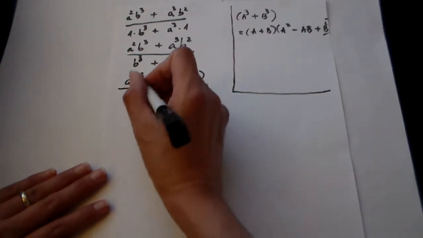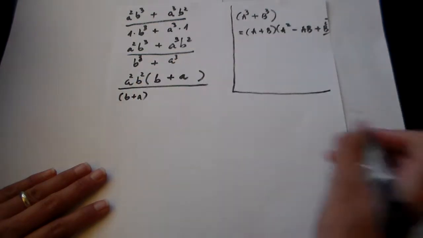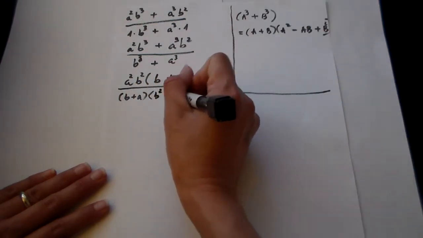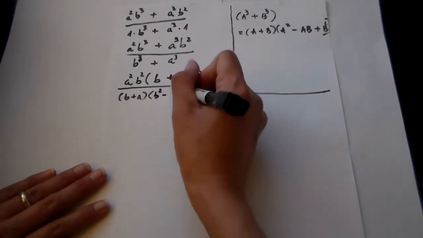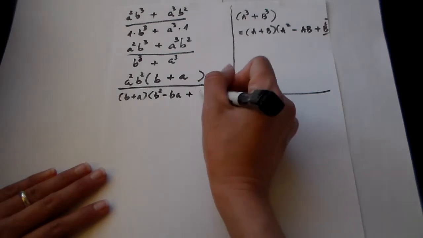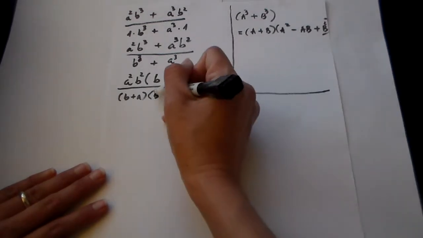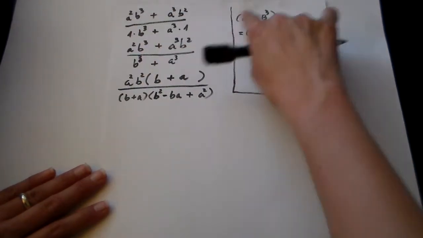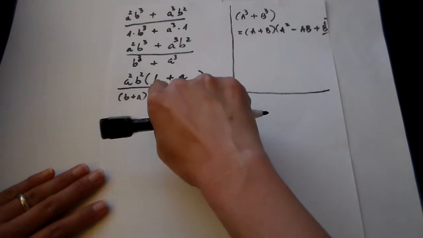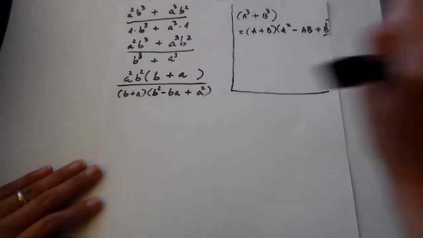I would get b plus a times b squared minus b times a plus a squared. So we just factored out the sum of two cubes using this formula. Remember, the capital A is playing the role of the small b, and capital B is playing the role of small a.